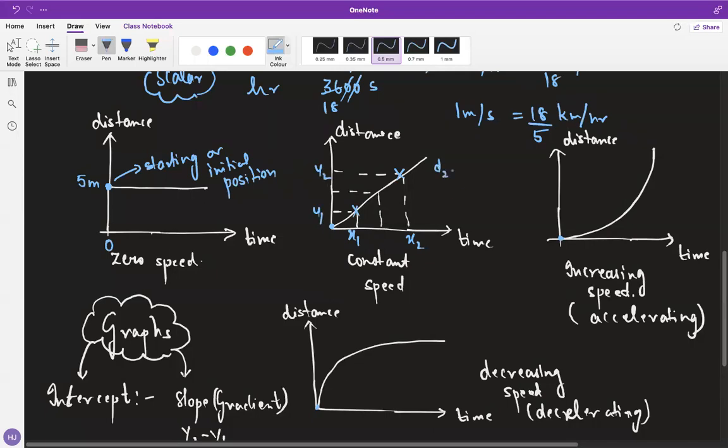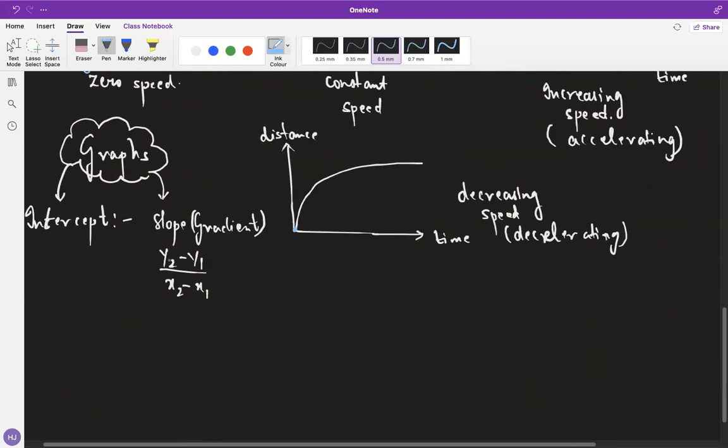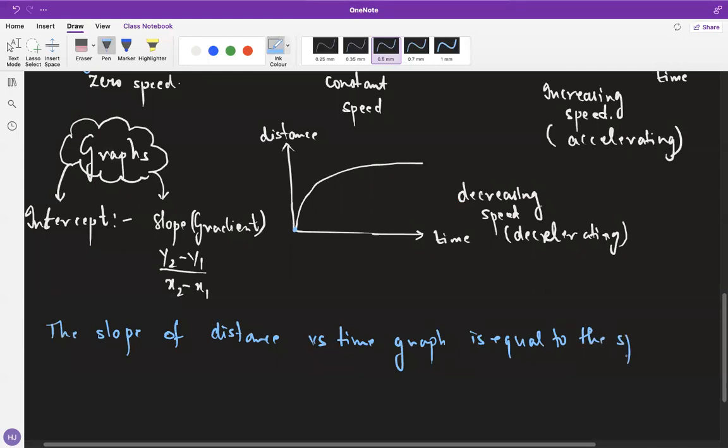Primarily that's the same as distance 2 minus distance 1 over time 2 minus time 1. And we know that distance over time is equal to speed. So this helps us conclude that the slope of the distance versus time graph is equal to the speed of the object.